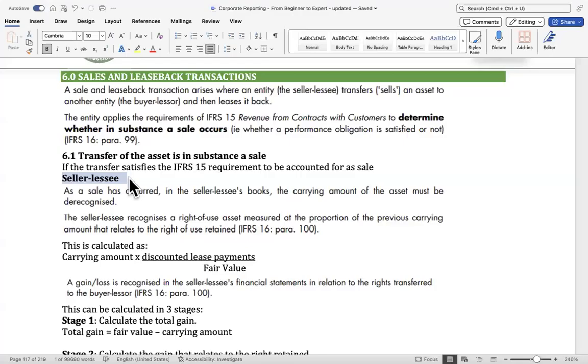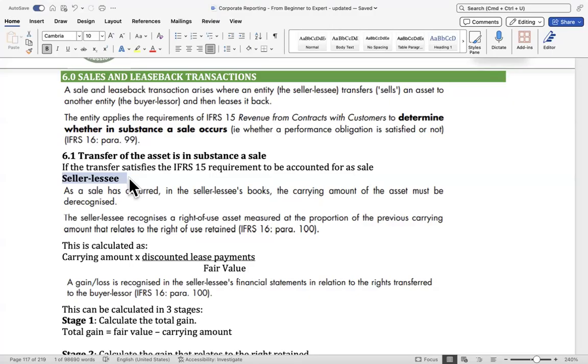Since we have agreed that you have sold these assets, it's definitely expected that the asset should be derecognized from your books. Of course, I've already taught you that it's going to be through the disposal account. So that asset will definitely be derecognized from your books.